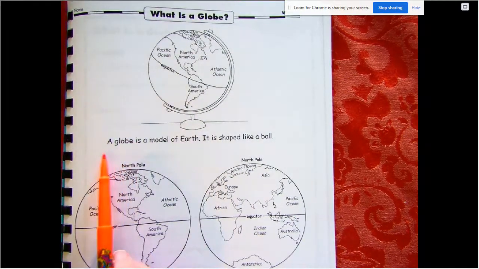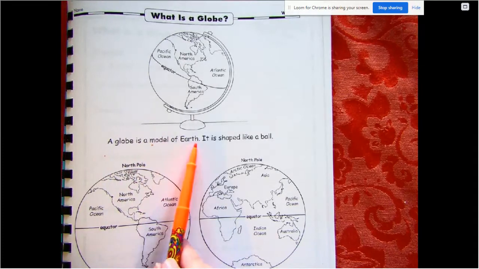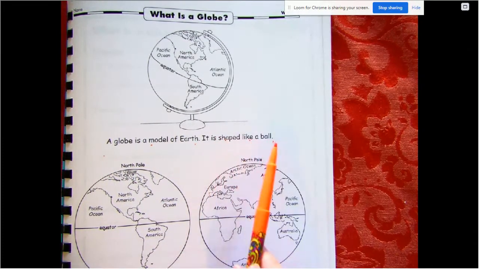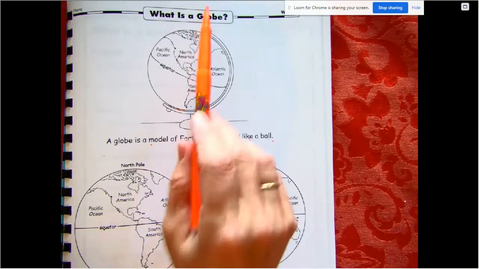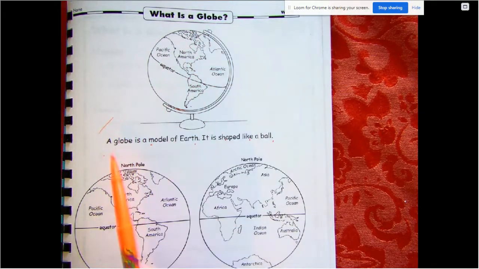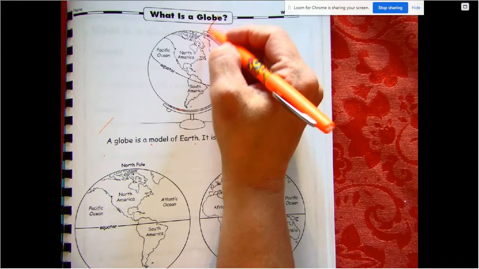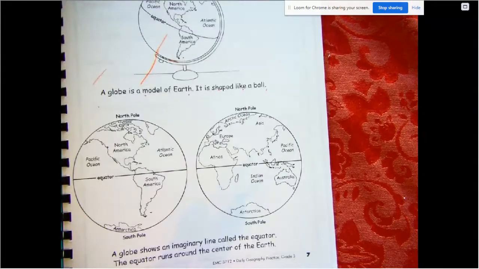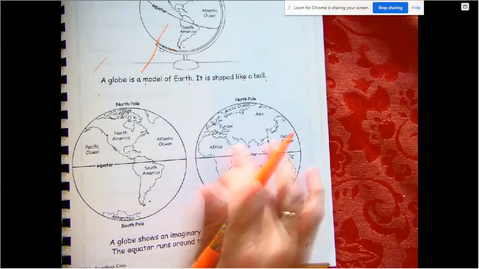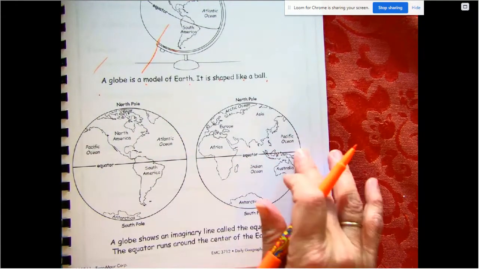It says here, a globe is a model of Earth. It is shaped like a ball, okay? This is usually the little axis that it shows us. This is how it is in outer space. There's this little axis that goes through it, and it spins on its side. We have the North Pole and the South Pole and the equator in the middle.